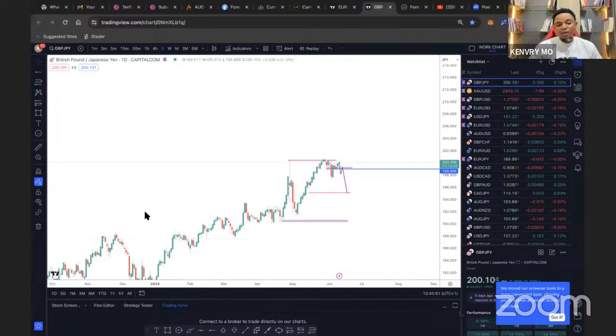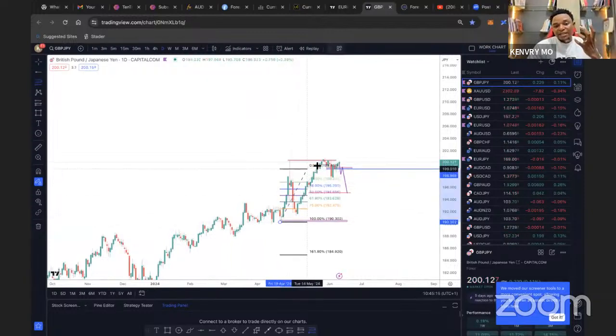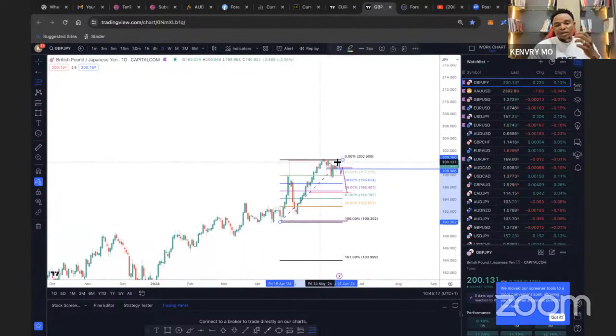So based off premium and discount. Okay, this is one of the things a lot of traders don't do. They don't know, and hence they're always messing up. Okay, so the market, oh sorry, that was not what I wanted to do.